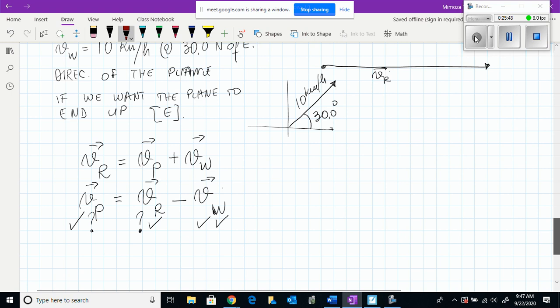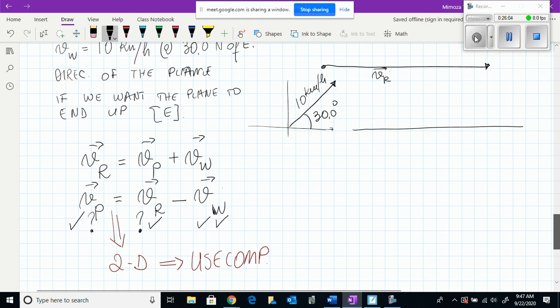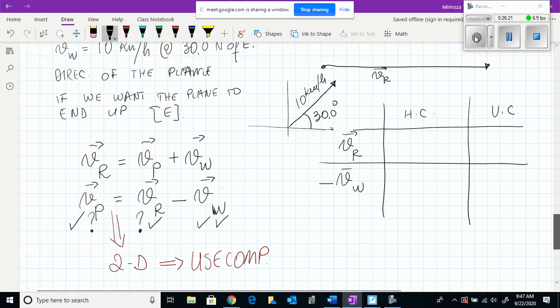Since this is a 2D situation, we use components. How do we use components in this case? We'll have horizontal and vertical components of all the vectors that we are dealing with: the resultant vector, negative the velocity of the wind, and the velocity of the plane.